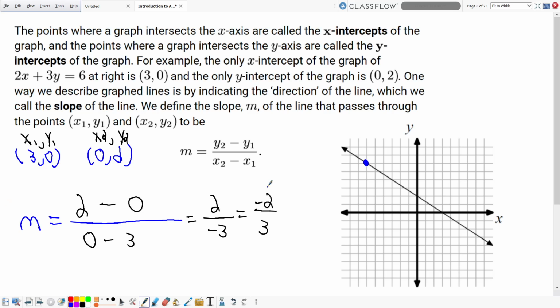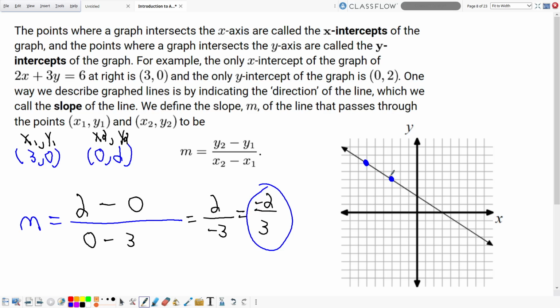So if I'm using this slope, I'm going to go down 2 spaces in our y direction. And then the positive 3 in your denominator represents the change in your x value. So I would go 3 spaces over on the x axis. So altogether, I would go down 1, 2, and then over 1, 2, 3.